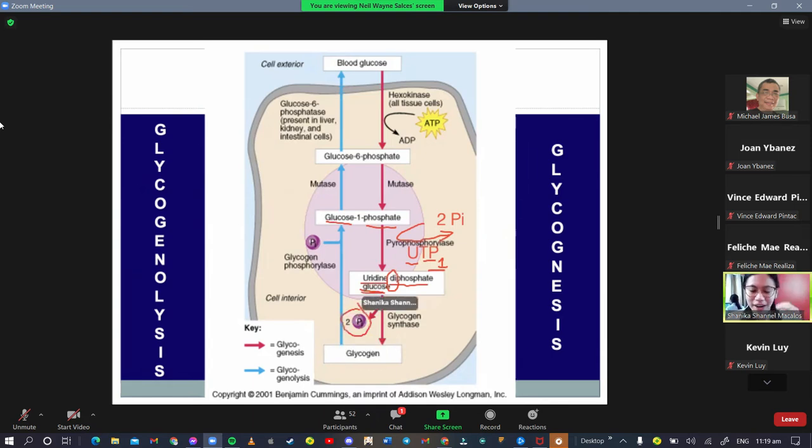I think this is where the 1 to 4 linked linear chains form. So I think this is for glycogenesis. Because of the glycogen synthase, it removes the diphosphate from the uridine diphosphate glucose, and only the glycogen is left.